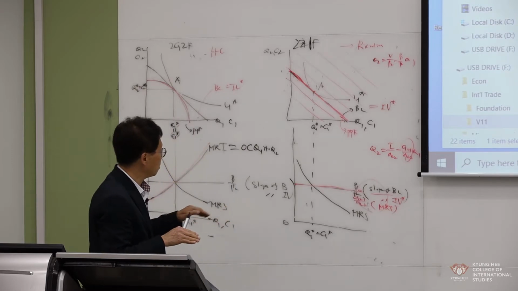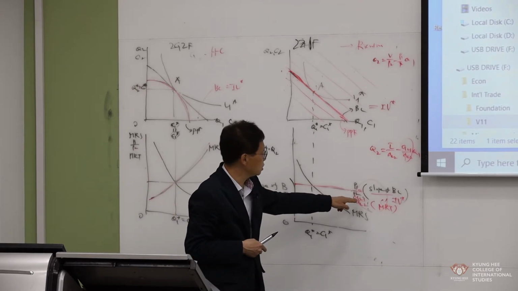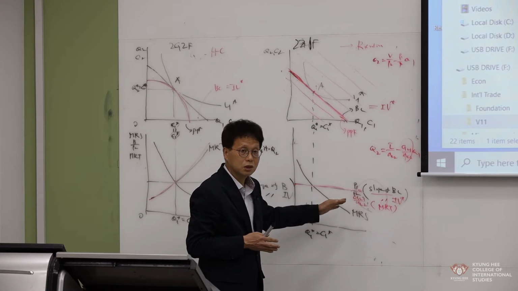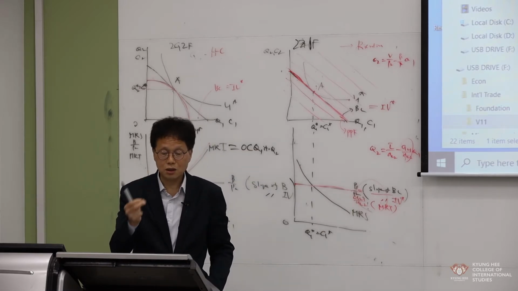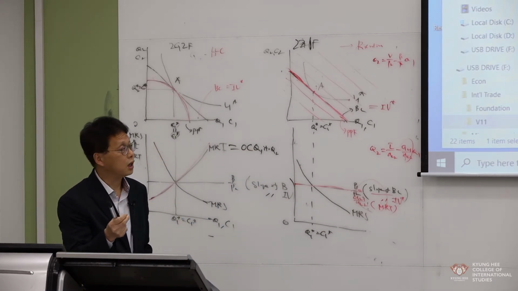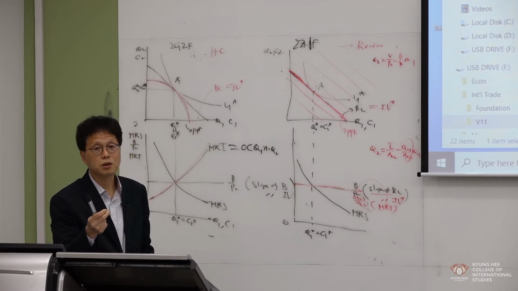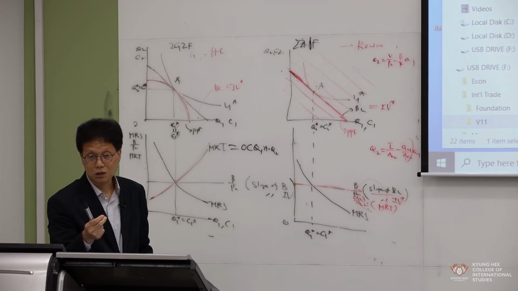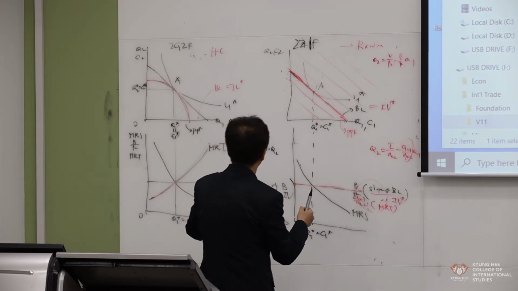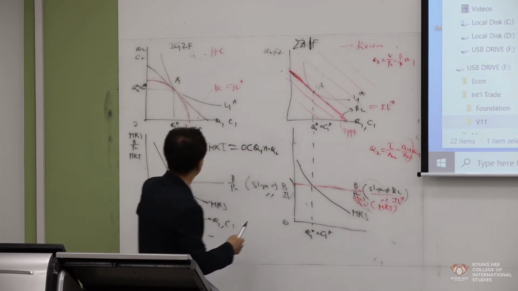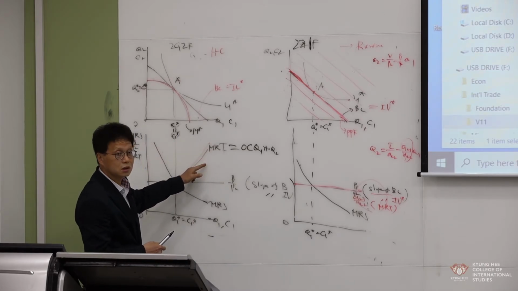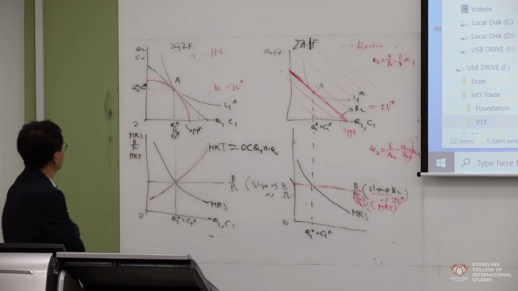Now think about it: MRT is the opportunity cost of Q1 in terms of Q2, right? That means MRT decides comparative advantage. Can you understand? When there are two countries, I would like to emphasize production MRT here. So, like this. Right? That is number one.